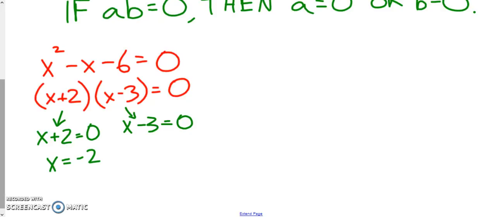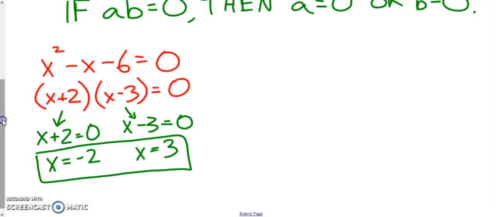If I add 3 to both sides of the other, I get x equals 3. Those are my solutions. The quick way is to change the sign on the number, and if there's another number in front of x, divide by it. Since those are just 1x, you don't have to worry about that part.